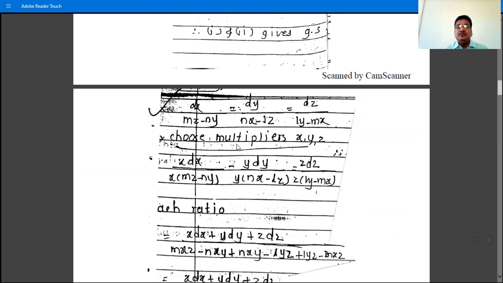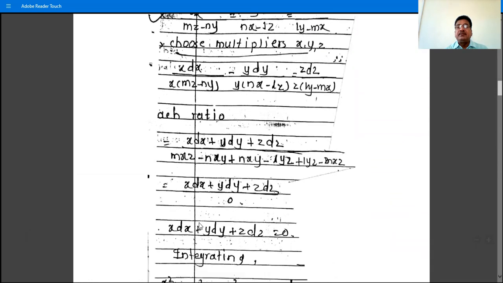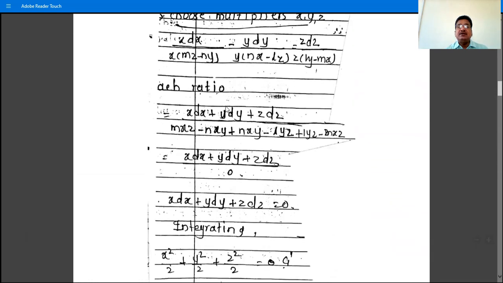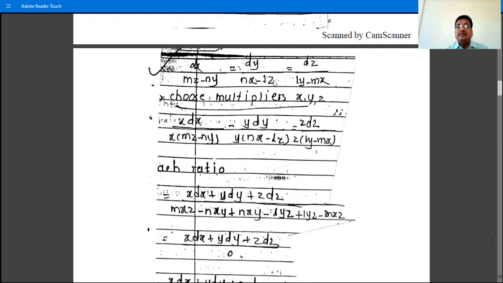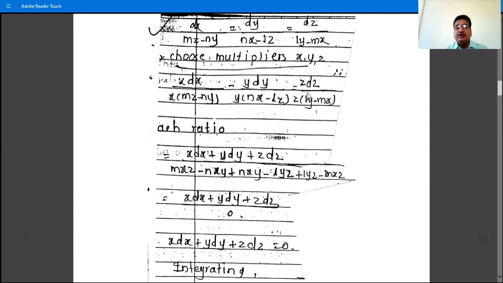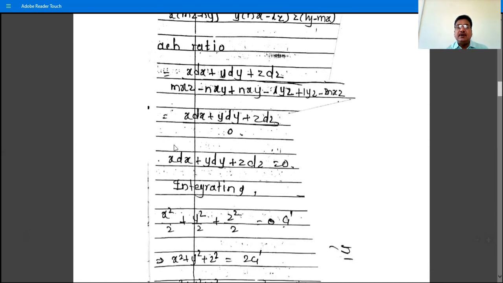So choose multipliers x, y, z, and therefore each ratio is equal to, at this step, directly write each ratio is equal to x dx plus y dy plus z dz divided by, multiply by x, multiply by y, and multiply by z, and add all these three, we have answer 0, and therefore x dx plus y dy plus z dz is equal to 0.